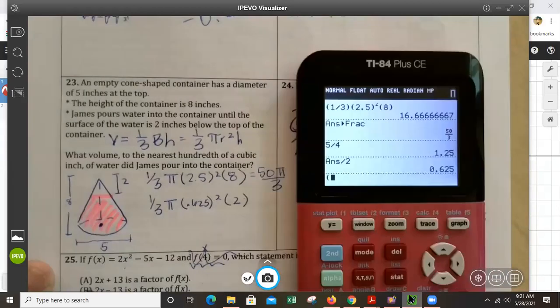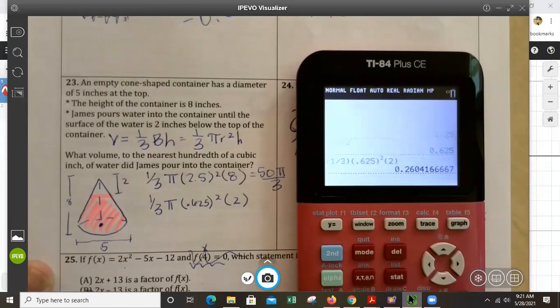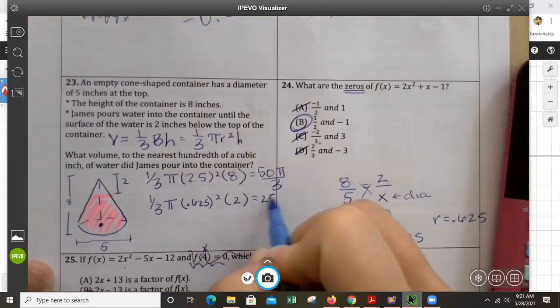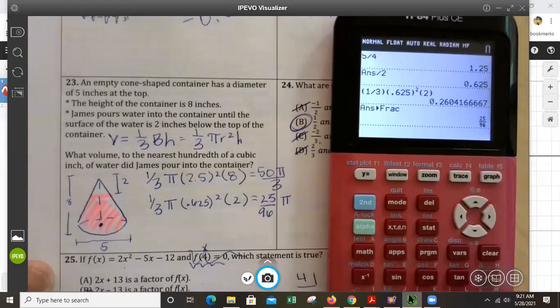Okay, so plug it in. 1/3 times 0.625 squared times 2 gives me 25/96 pi. And then I'm going to subtract those.